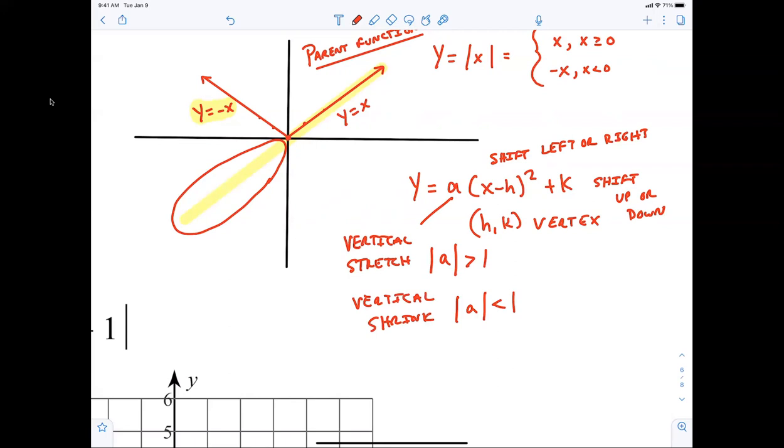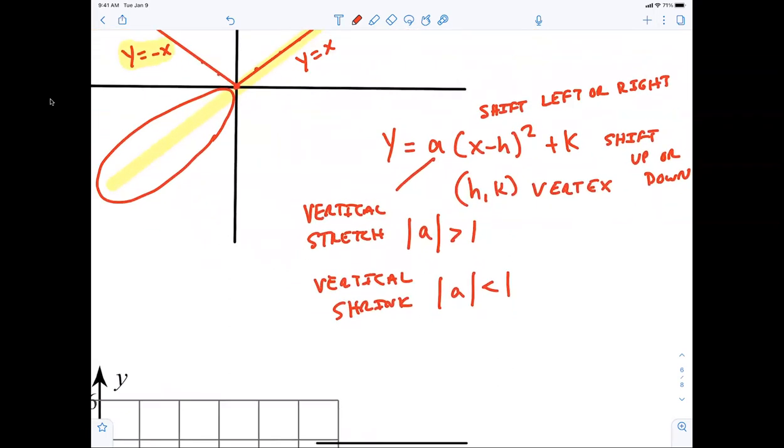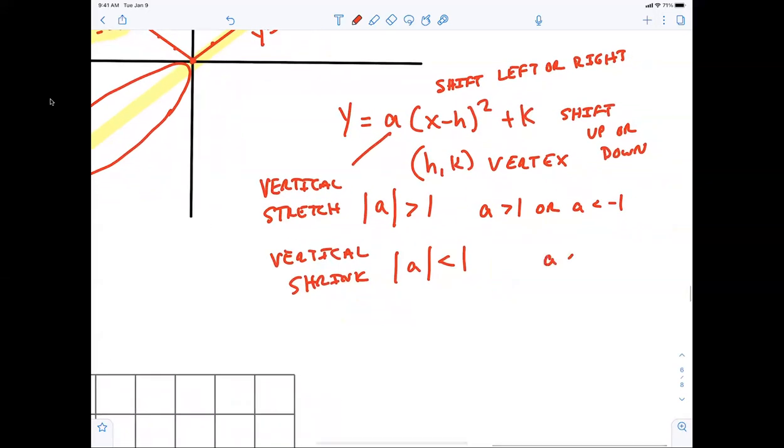Now, what does the absolute value of a greater than 1 mean? That means if a is greater than 1, or if a is less than -1. If the absolute value of a is less than 1, that just means a is less than 1 but greater than -1, meaning anything between -1 and 1. The stretch would be from -infinity to -1, and from 1 to infinity.